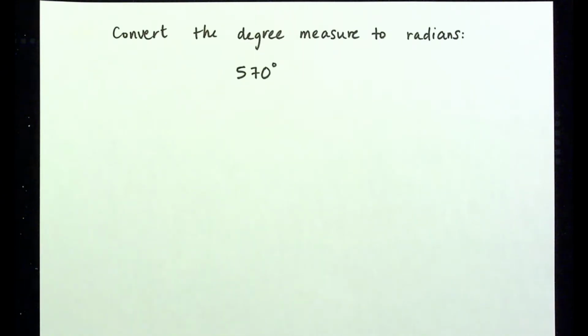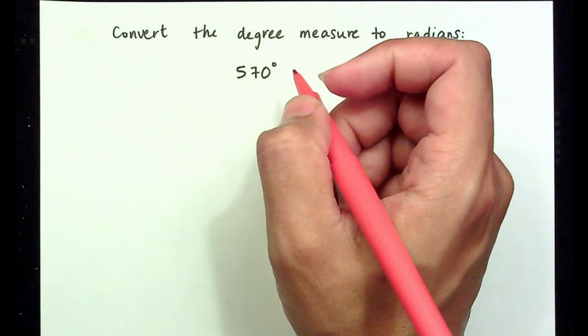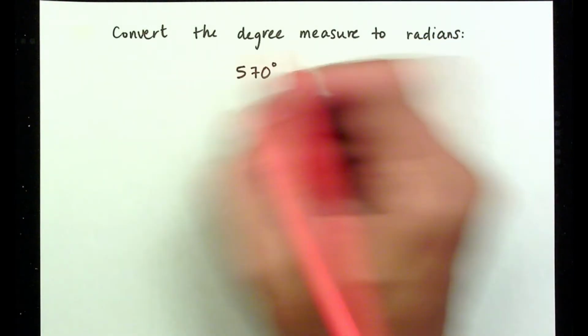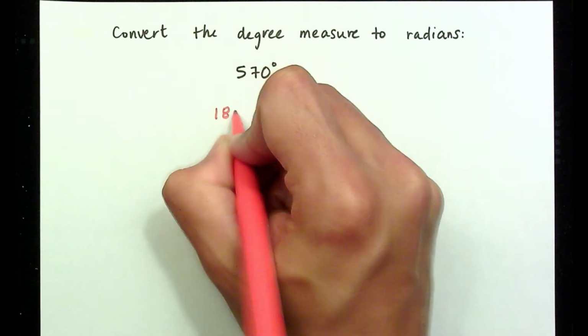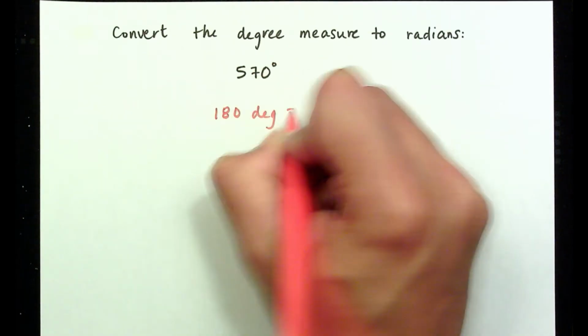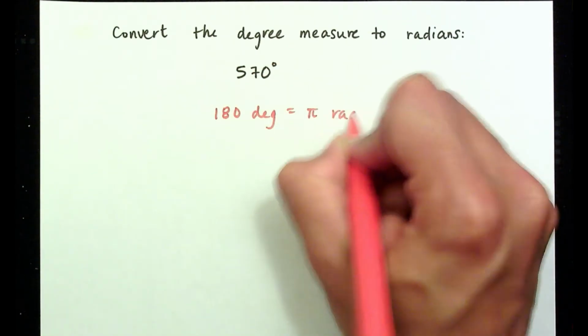Convert 570 degrees to radians. Okay, so once more, what is the relationship between degrees and radians? 180 degrees equals pi radians.